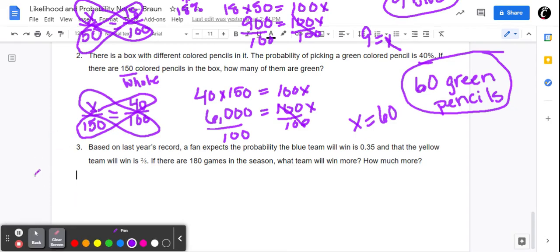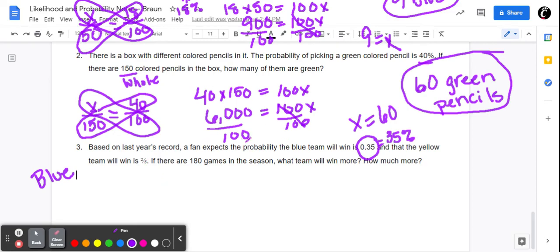So I'm going to start with my blue team. And I am told that they expect the probability to be 0.35. Now, I need to convert this decimal to a percent, and 0.35, if I move my decimal point 2 places, is 35%.